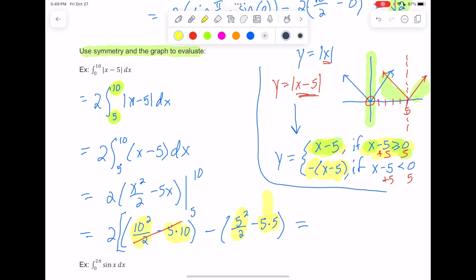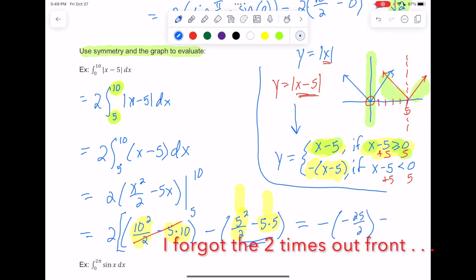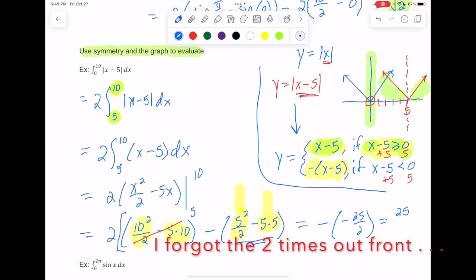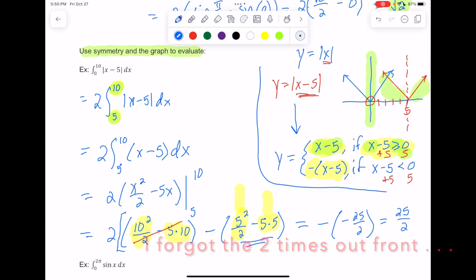So right here we have 25, right here we have half of 25. So when you take 25 and subtract half of 25, you get the other half of 25. You can do the common denominator work too, but this part right here ends up being the negative of 25 over 2. And then we have the double negatives. So we just end up with 25 over 2.